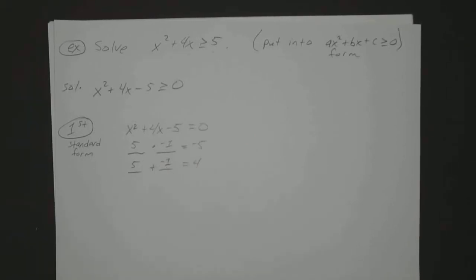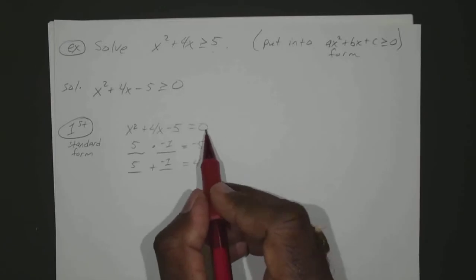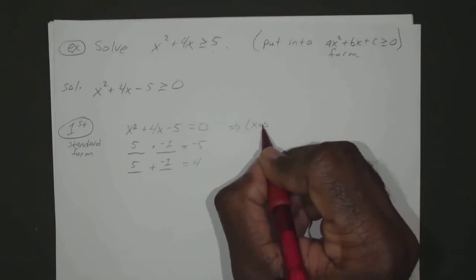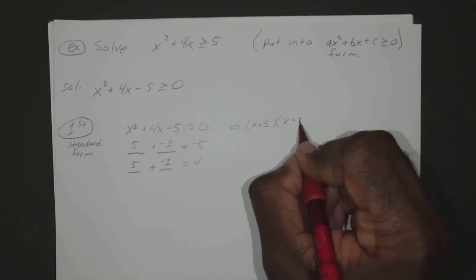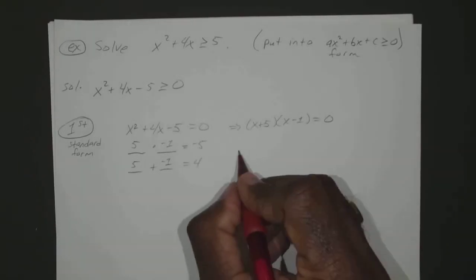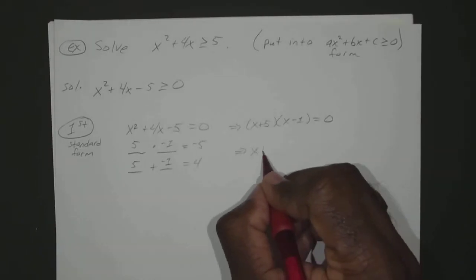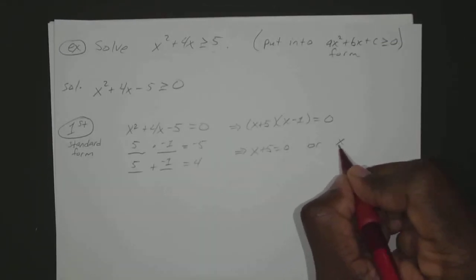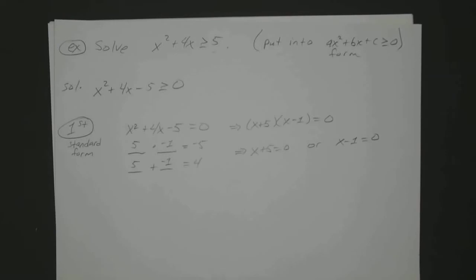5 and -1. So that means you can rewrite this as x plus 5 times x minus 1 equals 0. Which gives us x plus 5 equals 0, or x minus 1 equals 0.